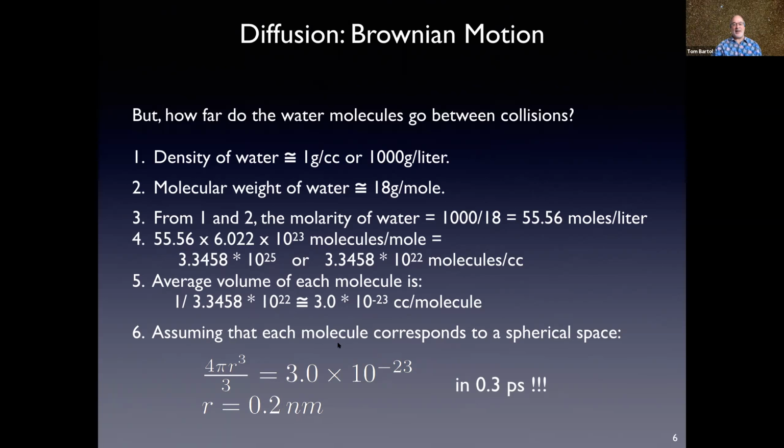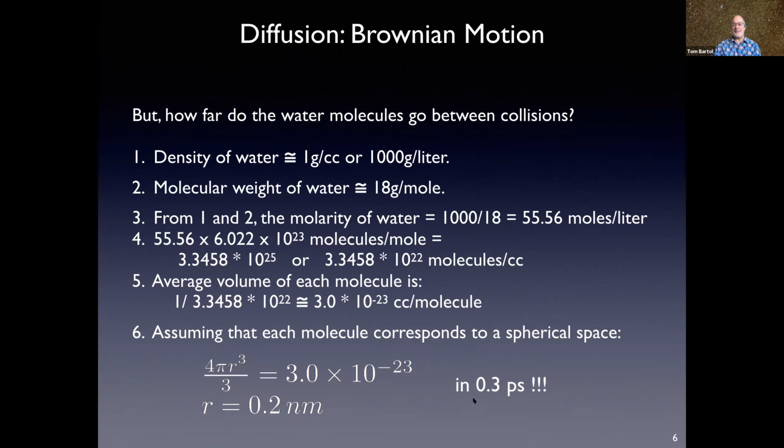Let's assume that each molecule's neighborhood corresponds to a spherical space. Then the radius of that little sphere would be about 0.2 nanometers. At 640 meters per second, it would only take about 0.3 picoseconds, 300 femtoseconds, for one water molecule to move and collide with its neighbor.